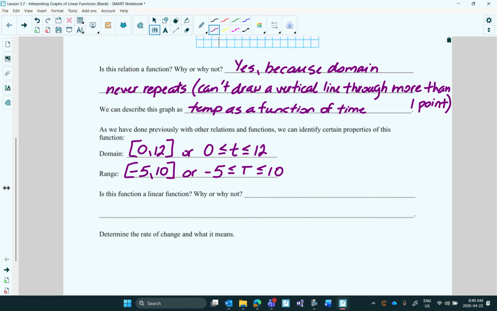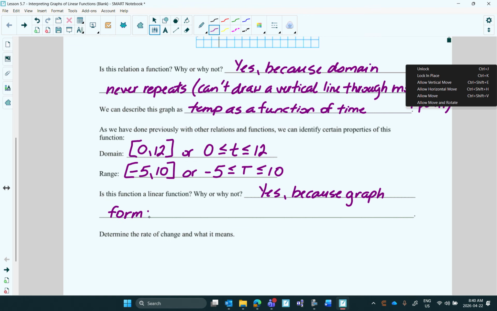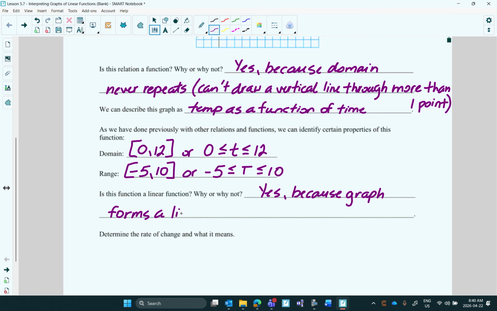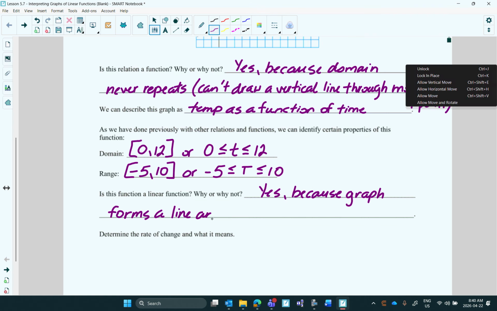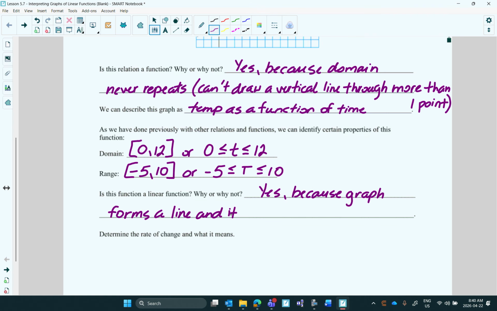We already answered this question. Yes, because the graph forms a line and is a function.